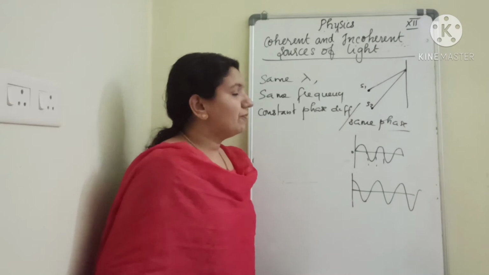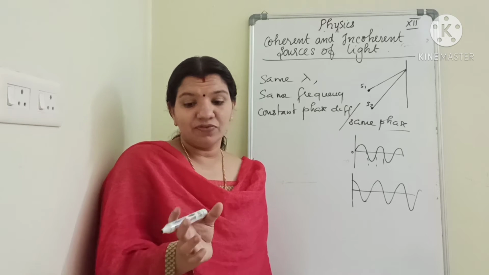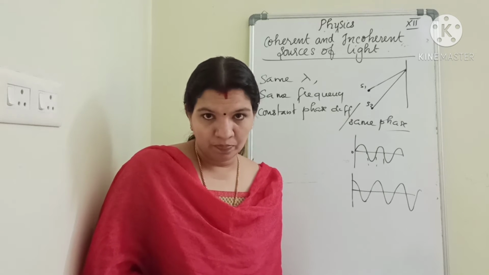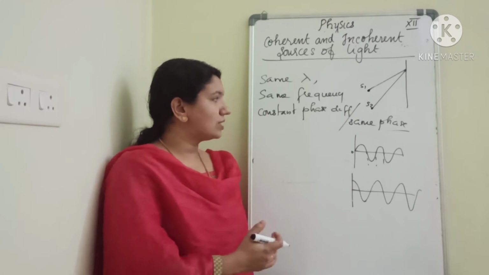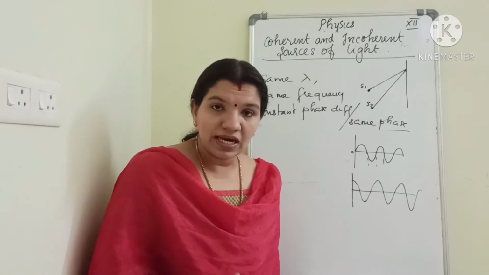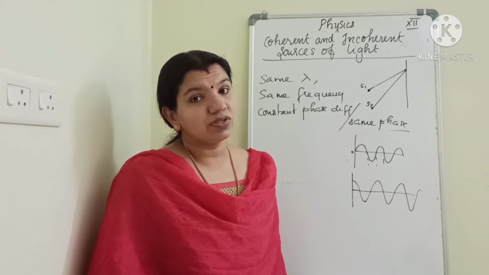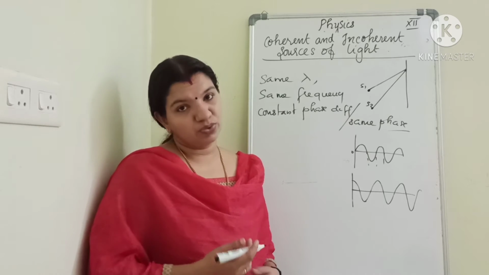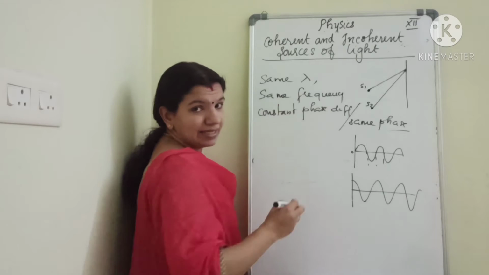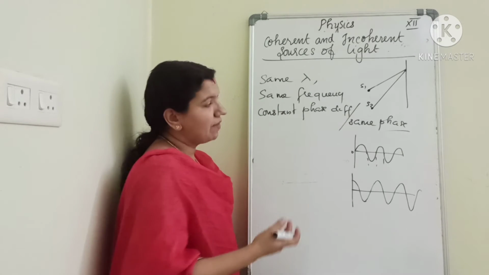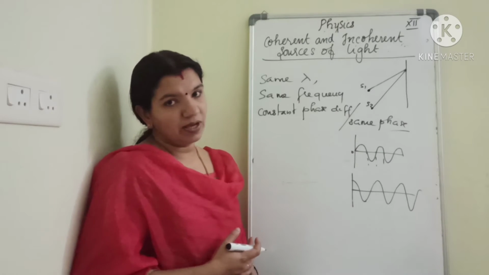So if the light waves have the same phase, or a constant phase difference, the phase difference will always be constant. If the light waves have the same wavelength and the same frequency, we can call such sources of light coherent sources. Understand? So coherent sources are the sources of light which emit waves having the same wavelength, the same frequency, as well as a constant phase difference.